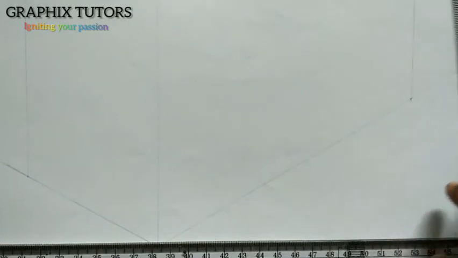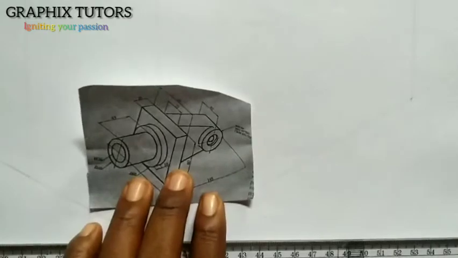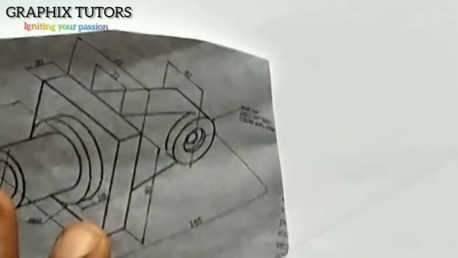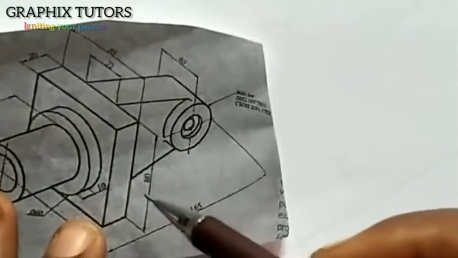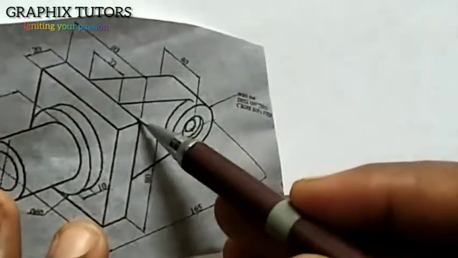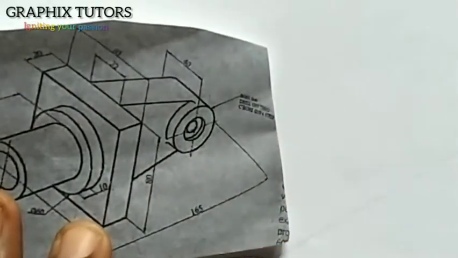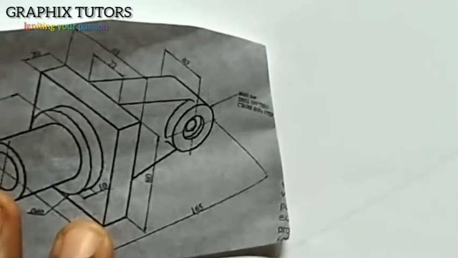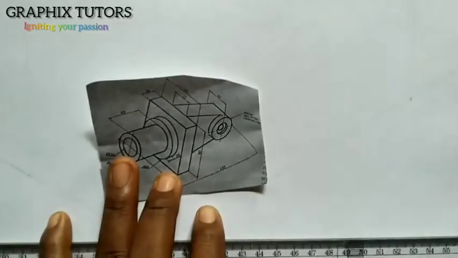Right? So the next thing I'm going to do here is the height. Now if you look at our diagram here, our height is also 80. From here to here is 80. So I'm going to measure the 80. So let's go there.